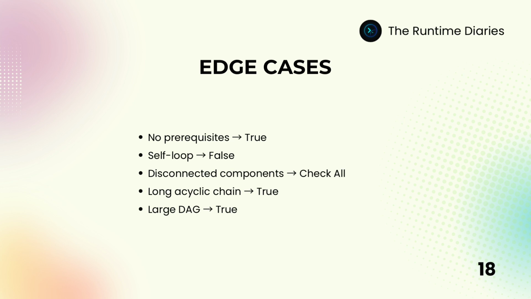You can't just start DFS from one node and assume that's enough. If there's a very long chain of dependencies with no cycles, that's perfectly valid. Return true. If you have a large directed acyclic graph, or DAG, that's also valid. Return true. These edge cases validate whether your cycle detection logic is correct and complete.